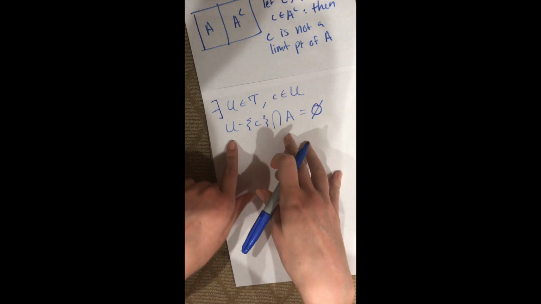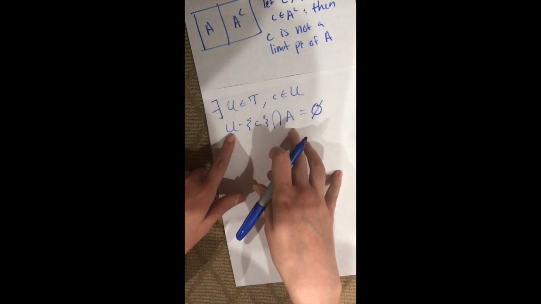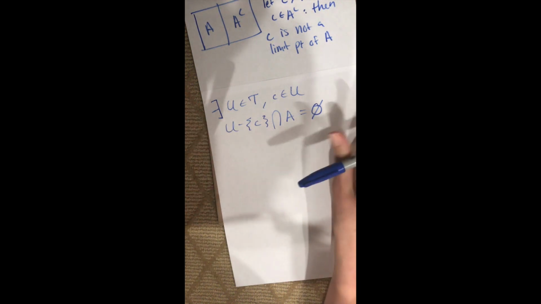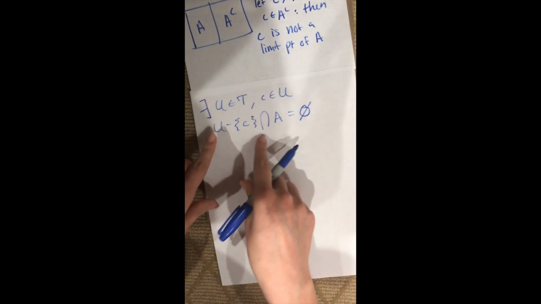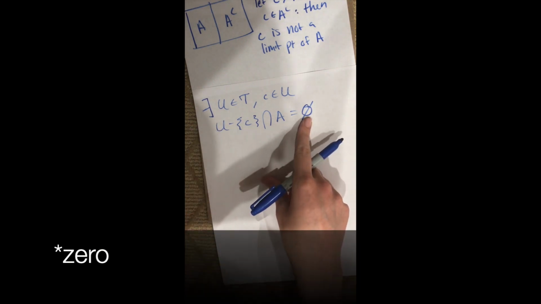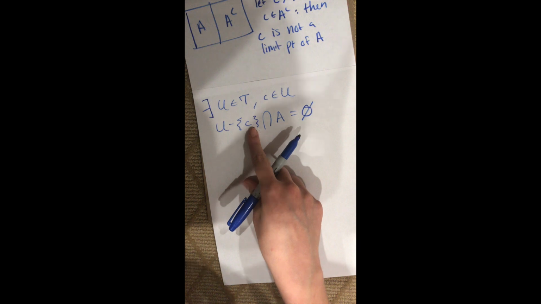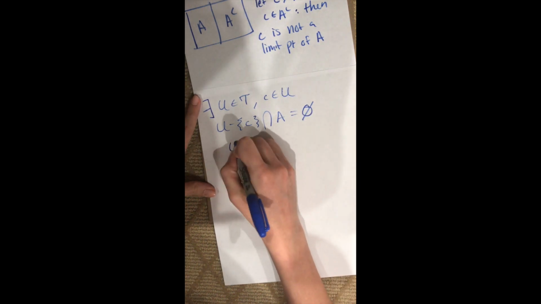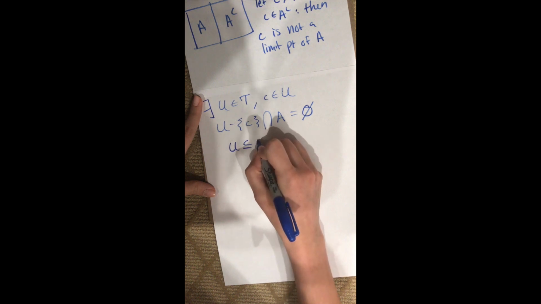Because if this wasn't true, then C would be a limit point of A, and since C is not in A, that would make A not closed. So we know that this set exists. Since its intersection with A is empty, and we're excluding C, but C is also inside of A complement, then we know that U is a subset of A complement.